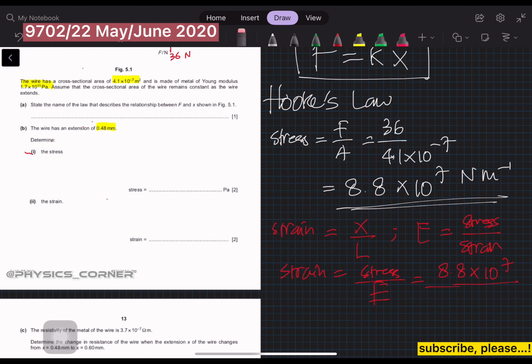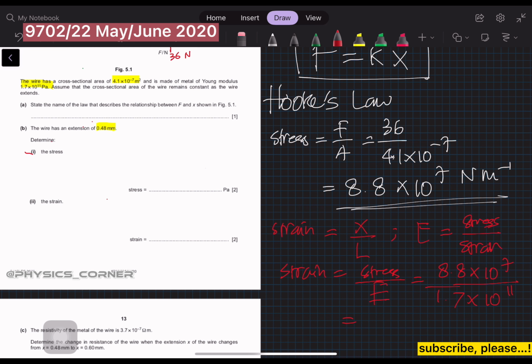Young modulus is 1.7 times 10 to the power 11. So strain equals 8.8 times 10 to the power 7 divided by 1.7 times 10 to the power 11.